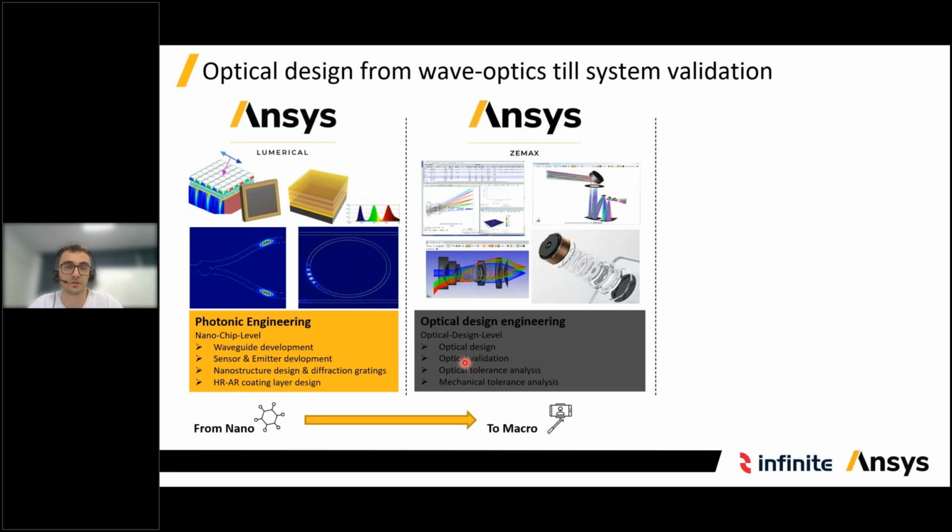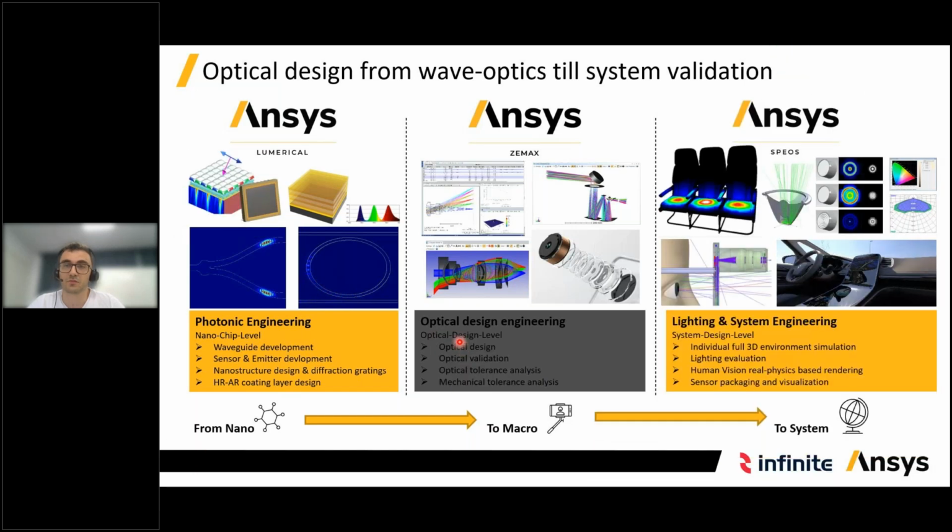This is a software to design and optimize optical components with lenses mostly, like cameras and microscopes. And then we have Ansys Speos. This is a powerful ray tracer, and this is mostly used to simulate the propagation of light in whole environments. So not only the optical components, but the whole environment around it.